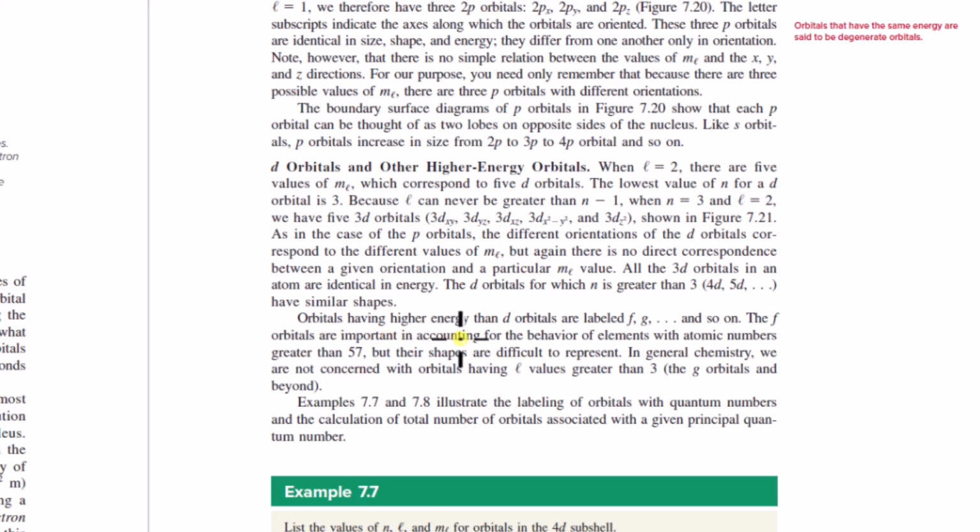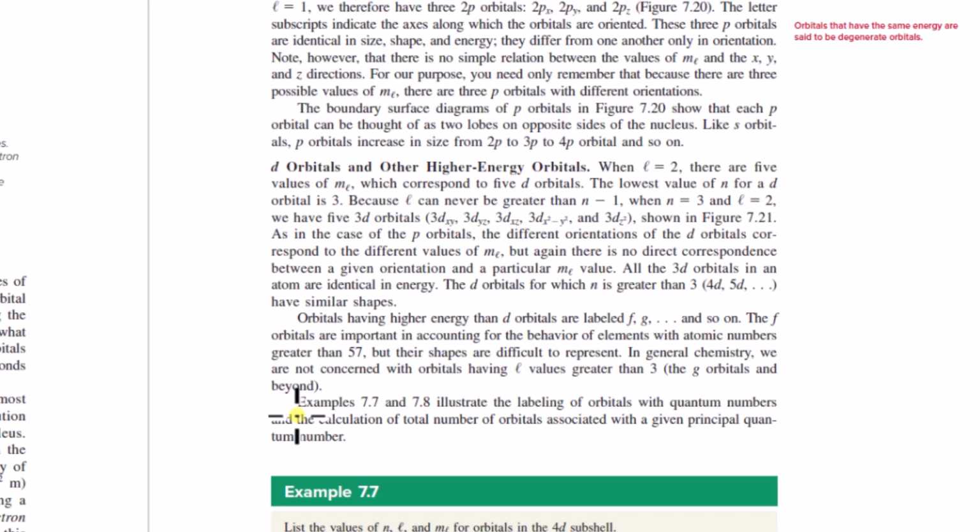Orbitals having higher energy than d orbitals are labeled f, g, and so on. The f orbitals are important in accounting for the behavior of elements with atomic numbers greater than 57, but their shapes are difficult to represent. In general chemistry, we are not concerned with orbitals having L values greater than 3, like the g orbitals and beyond.